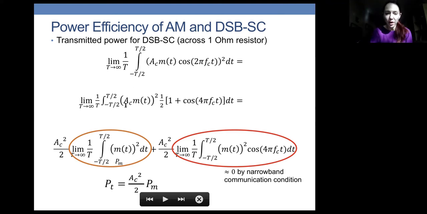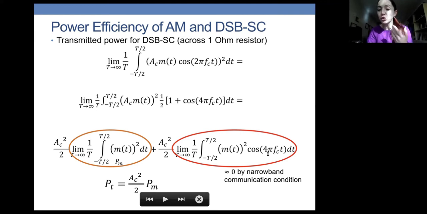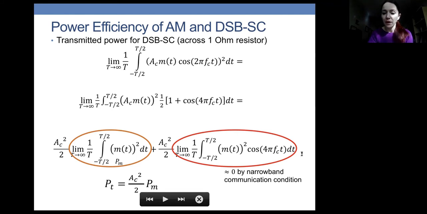So when we multiply and express the result in additive terms, the first term is the square of the message integrated, and the second term is the square of the message times a cosine at frequency 2Fc. Now, by our narrowband condition, the cosine at frequency 2Fc is much faster compared with the message.